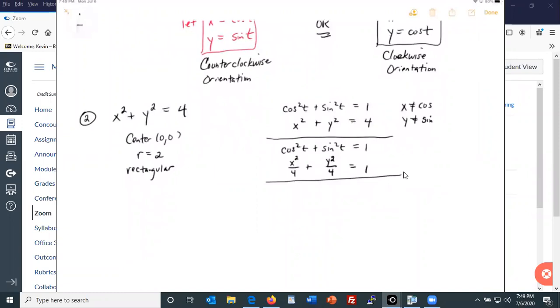So I just divided the second equation by 4. And I'm going to do one more thing here. This way you can see it a little better. Bring down the first equation again, doing nothing to it. And then the second equation could be written as x over 2 quantity squared plus y over 2 quantity squared equals 1.